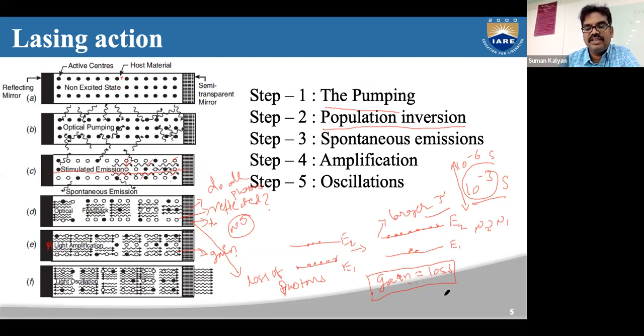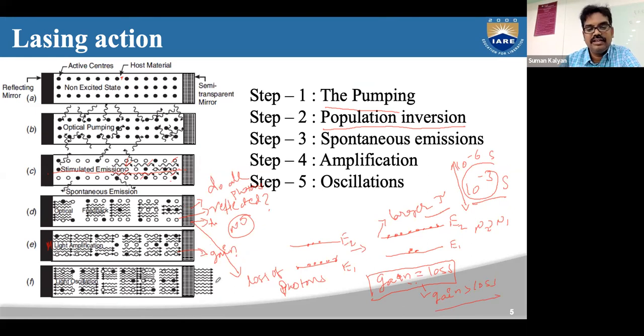And after some time, the gain will be more than the loss. That is, the number of photons generated will be more than the number of photons leaving from this place. As you can see, the photon density is increasing from one step to the other.